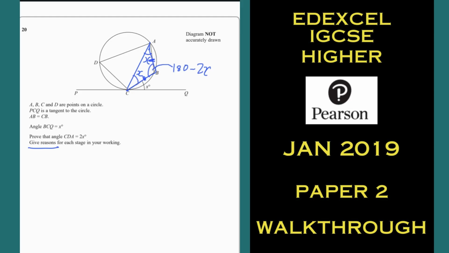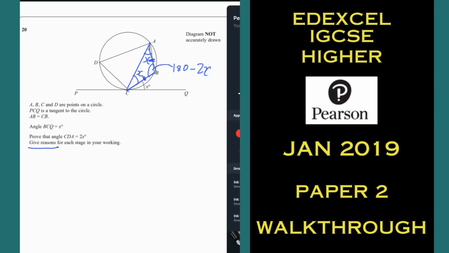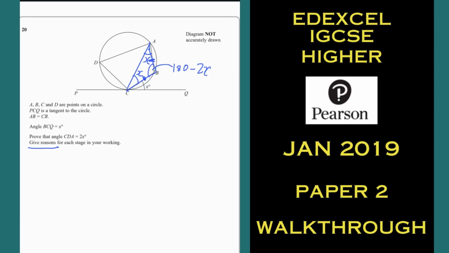Because look, let's go a different colour. Does purple show up? Ish. Look what you've got here, folks. I've outlined it in purple. Opposite angles of a cyclic quadrilateral add up to make 180.